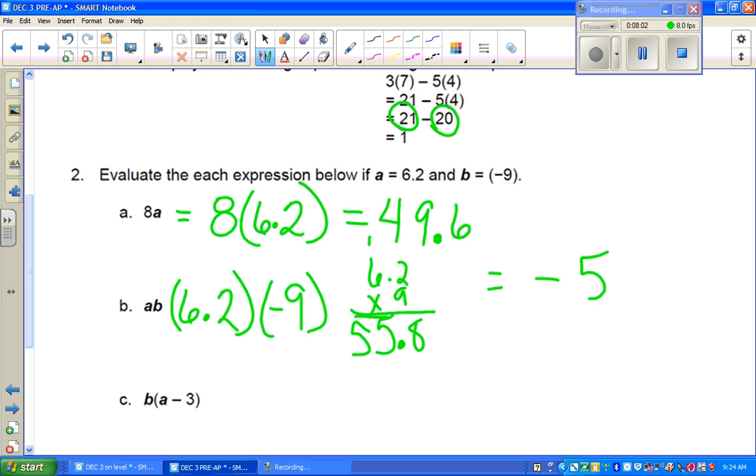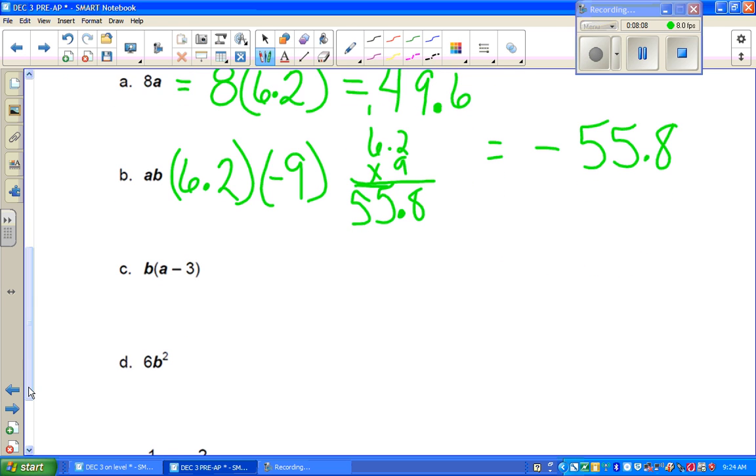Okay, letter C, we have B times A minus 3. Your A minus 3 is in parentheses. The first thing we're going to do is plug in those numbers. B is negative 9, and then times 6 and 2/10 minus 3. So we're going to work out what is in the parentheses first.